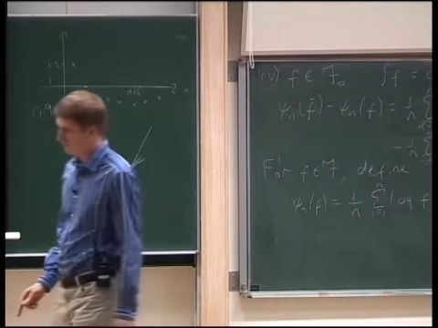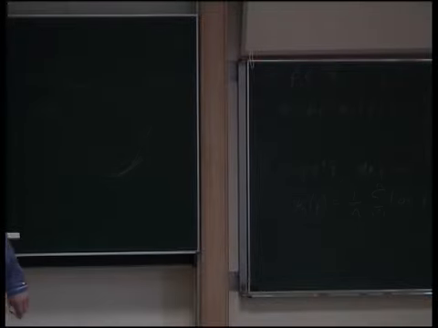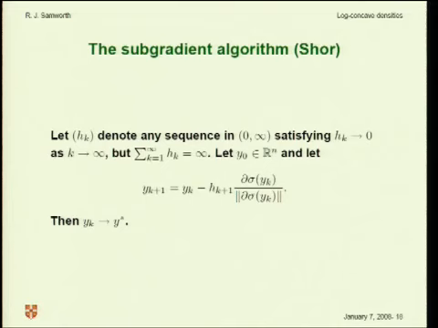And Shor's idea of the subgradient method was just that you needed to be able to find at least any one at an arbitrary point, and then you can use the following algorithm. You take a sequence of step lengths which go to 0, but quite slowly in such a way that the sum diverges, and then you just move along by an amount equal to that step length, in the direction of the subgradient vector.